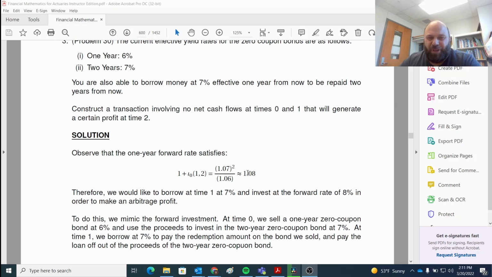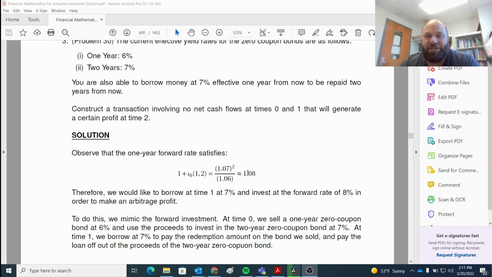At time 0, we sell a 1-year zero coupon bond at 6%, some face amount, and we use the proceeds to buy a 2-year zero coupon bond at 7%. So what have we done? We've sold and bought. By doing so, we owe money at the end of year 1 and we receive money at the end of year 2. And because the proceeds from selling match what we paid in our purchase, there's no net cash flow at time 0.